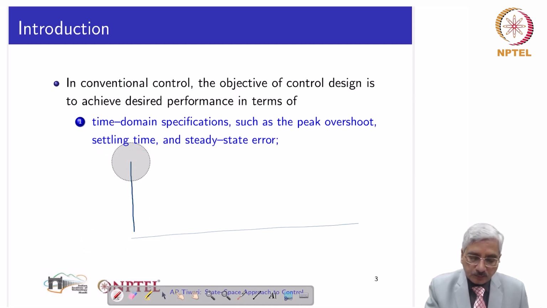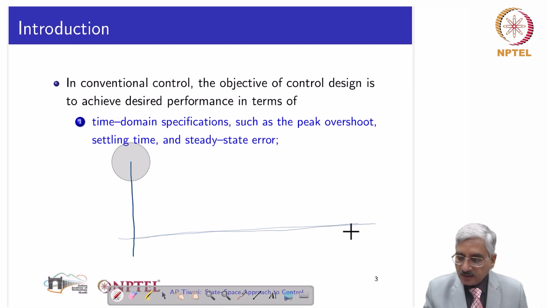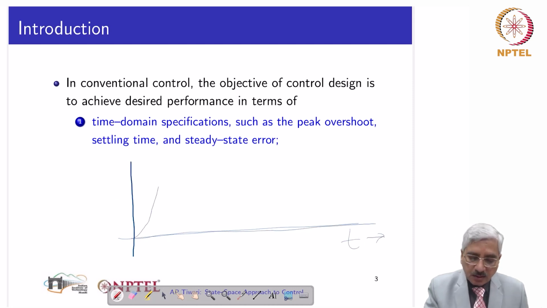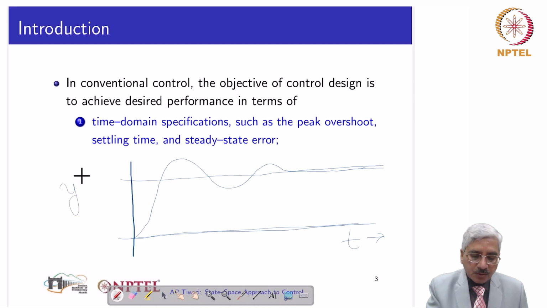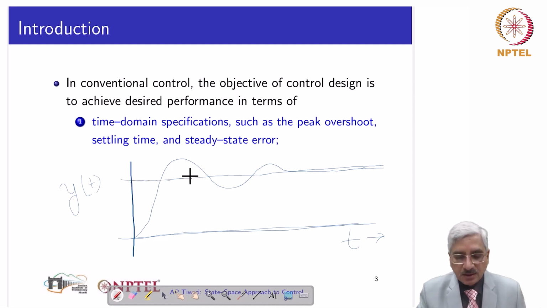So this is the time axis, of course, and this is in response to a step change in input. The system, suppose it behaves like this. So this is the output y(t) versus time, and this is the reference line where the output should reach.